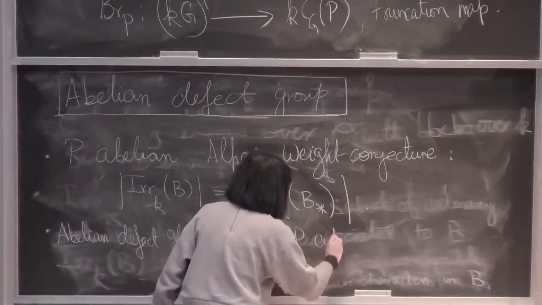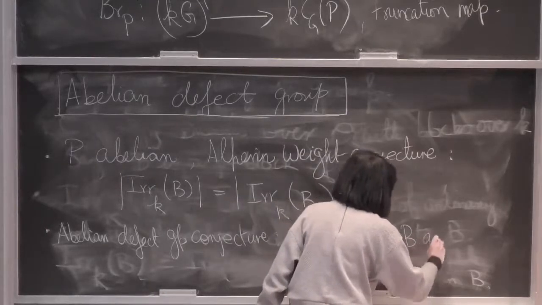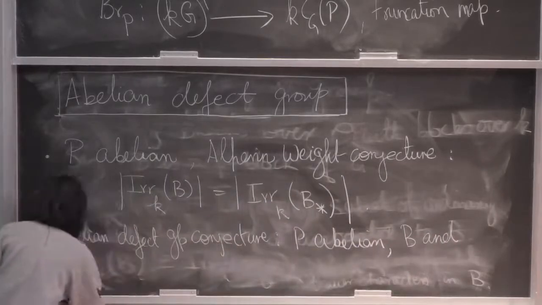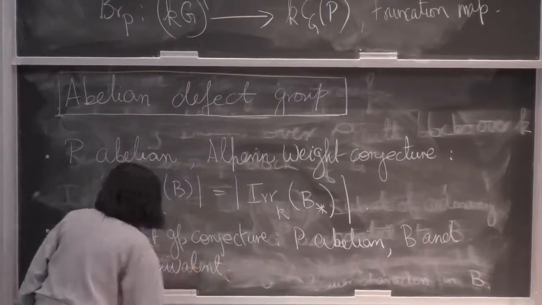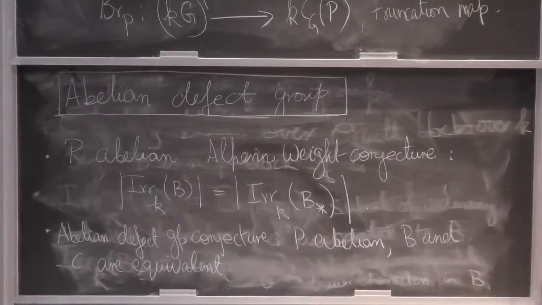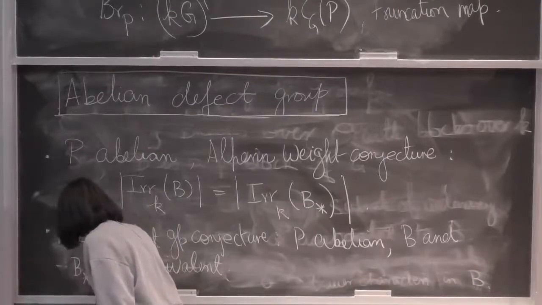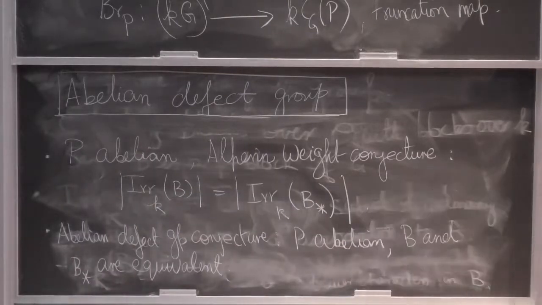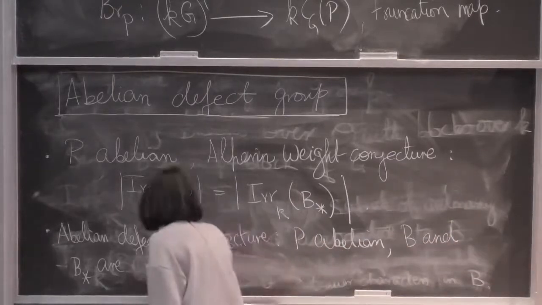Which says that if P is abelian, then B and B star are derived equivalent.